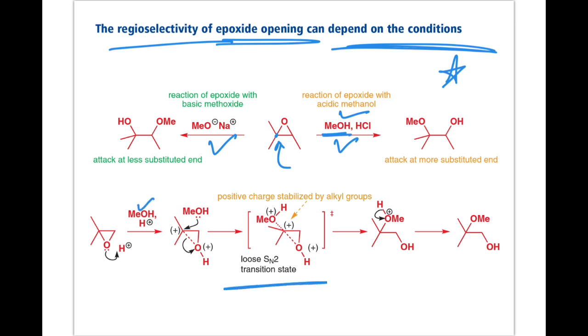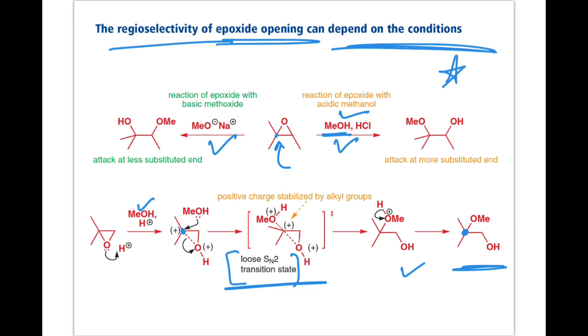See, methanol and acid, it is doing the same thing, right? Just like the bromonium ion, the methanol is going to attack on the more substituted carbon. Loose SN2 transition state, and it gives you this kind of a molecule. This is the regioselectivity. In the presence of acid, methanol attacks on the more substituted carbon.